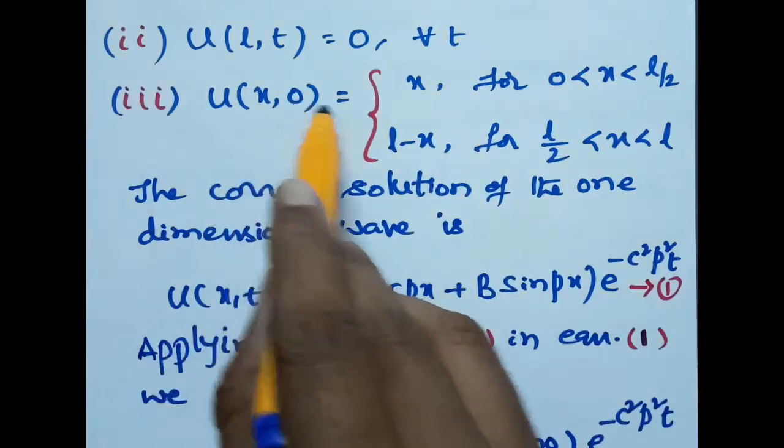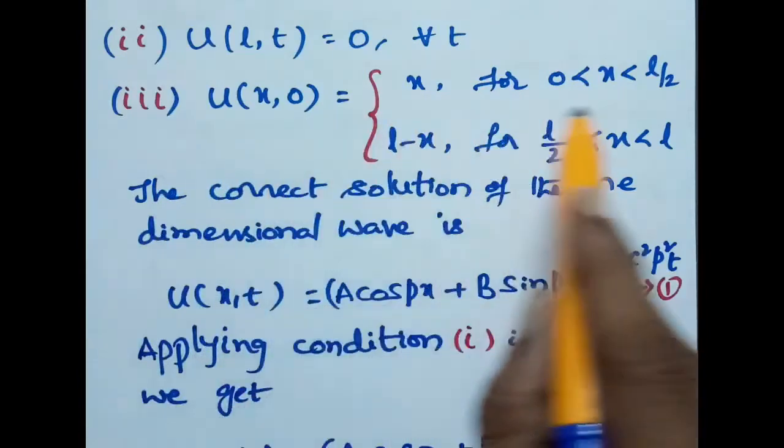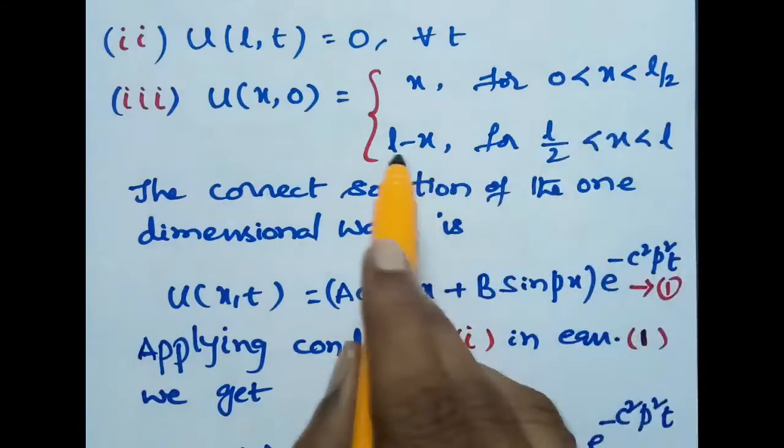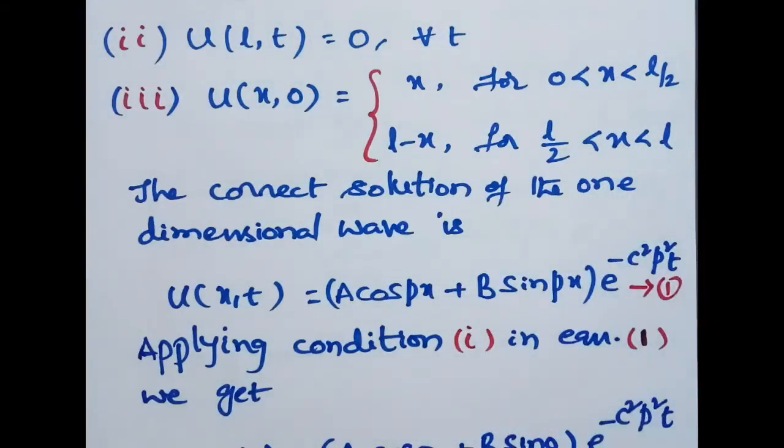Put t equal to 0, and then u of x comma 0 has the value x for 0 to L by 2, and L minus x for L by 2 to L.